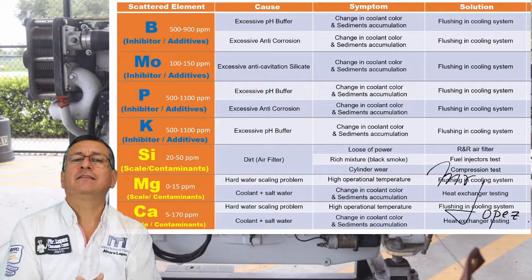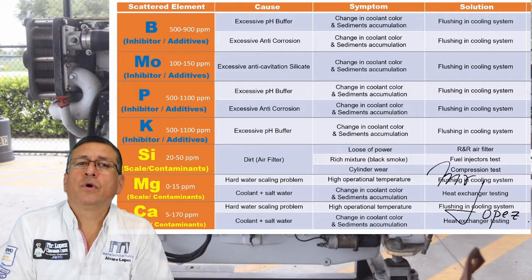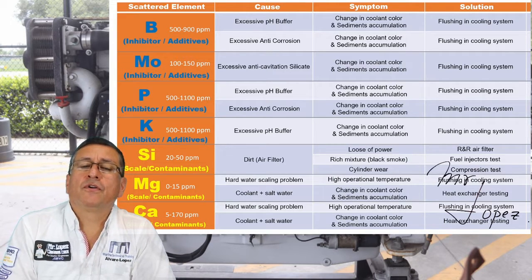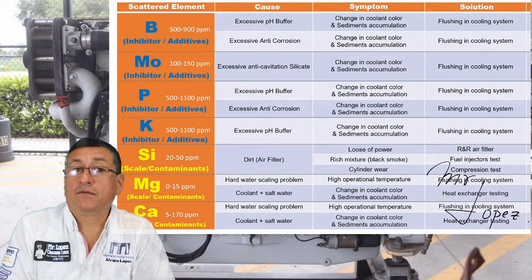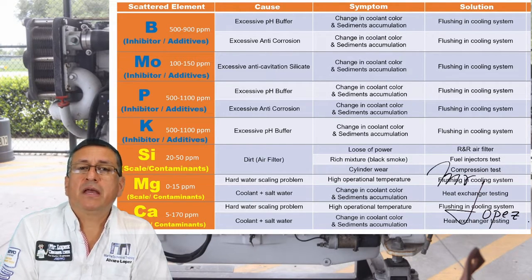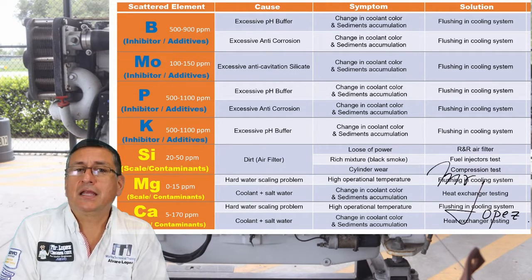My friends, this is the typical analysis when you receive the report from the laboratory of coolant. We are going to do exactly the same exercise with the report of the oil sample, and we are going to analyze each metal internally in the engine.